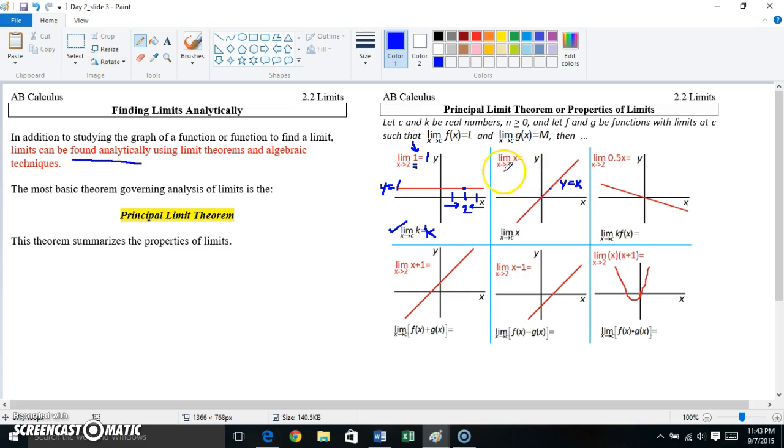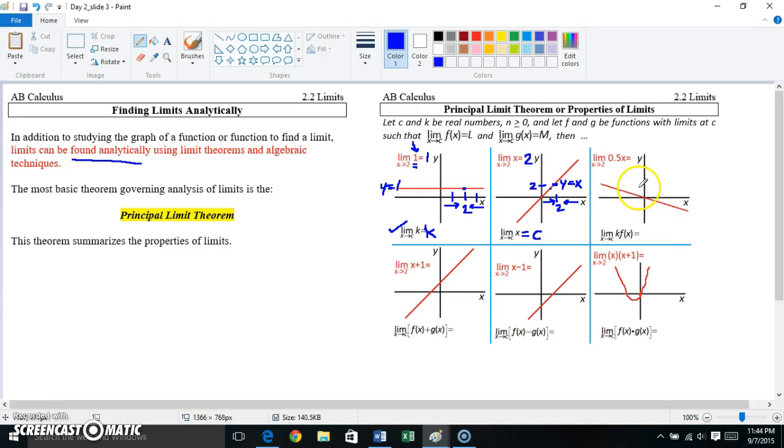As x approaches 2, from the left and from the right, the y value on that function is 2. If I approached x equals 7, the limit would be 7. So the limit of the identity function, the limit of x as x approaches c, is always the value that you are approaching because y equals x.